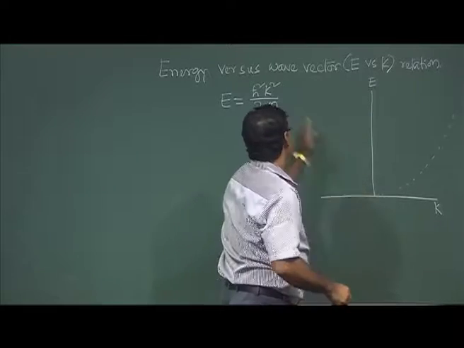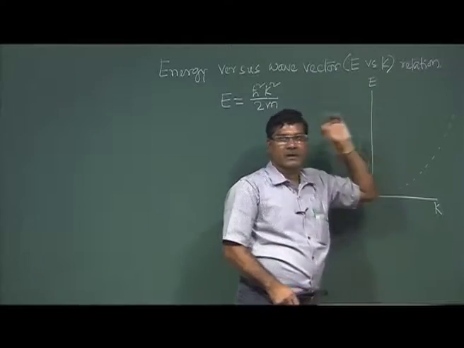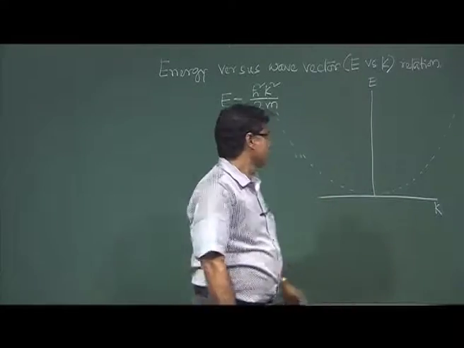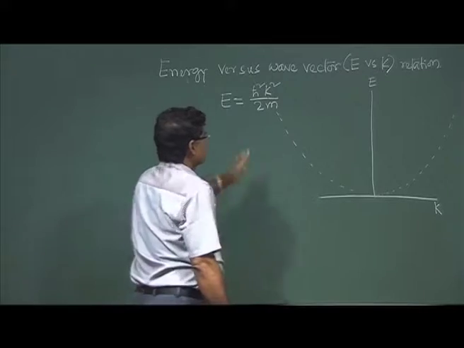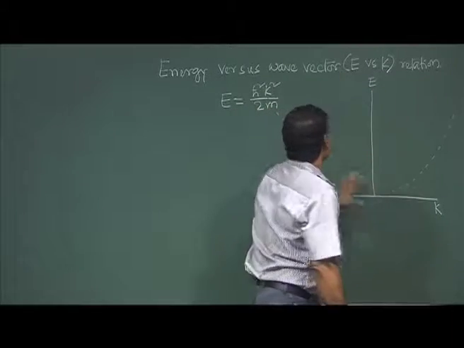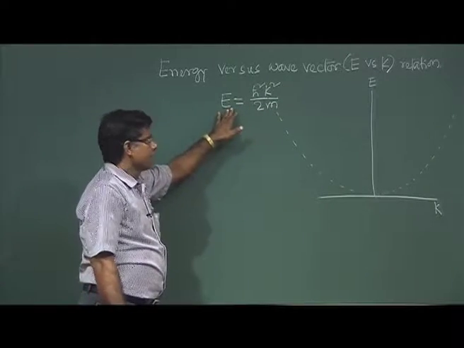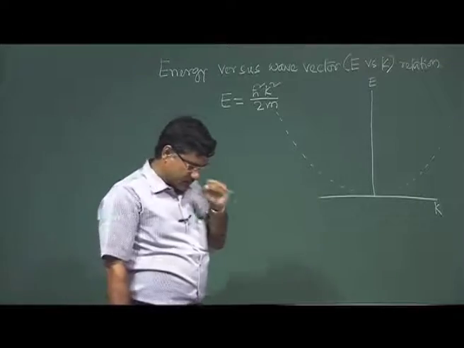For plus minus k value, E will be positive, right. So, this relation between E and k, that is for free electron.